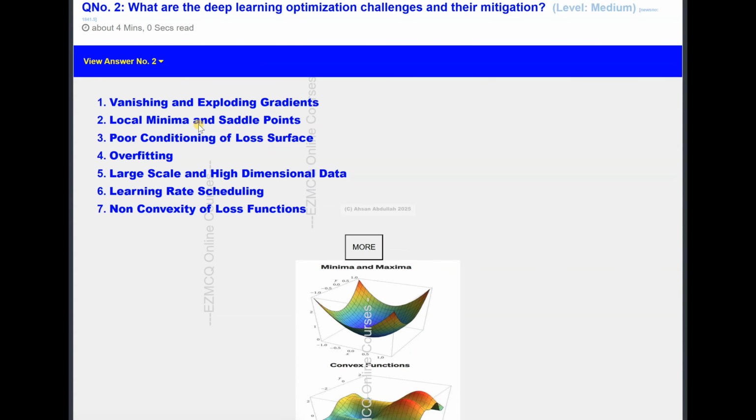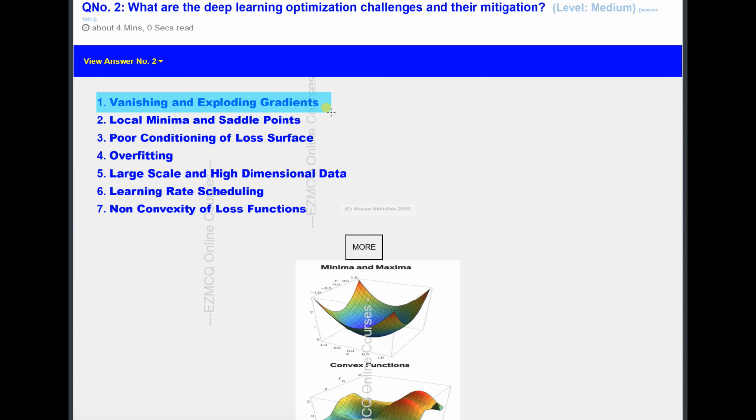So we have these challenges. So what are these challenges? For example, vanishing and exploding gradients. Okay. So gradients can become extremely small or large during backpropagation. So what it translates into is making weight updates ineffective or unstable.